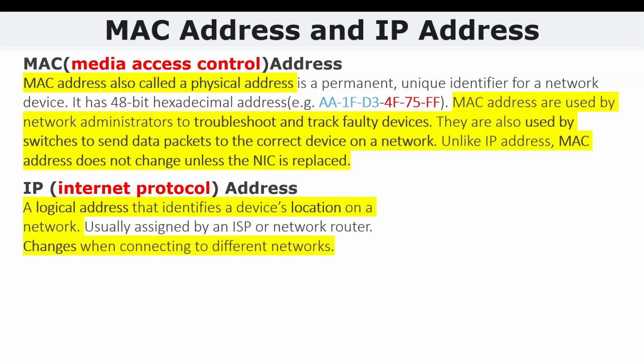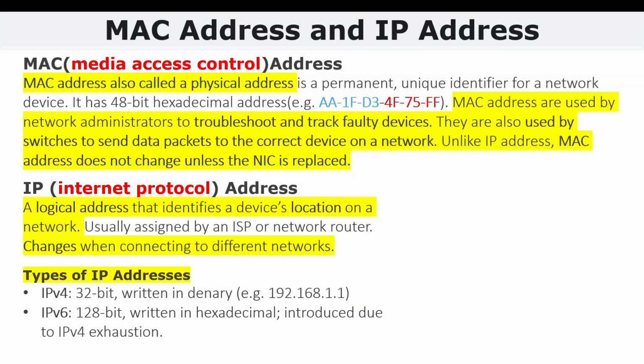So the IP address changes and helps to identify your location on the network. All right, that is it for IP addresses. Now, there are two versions of the IP address: IP version 4 and IP version 6. IP version 6 was introduced because IP version 4 has been exhausted.